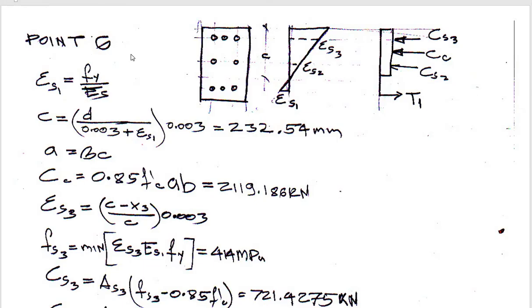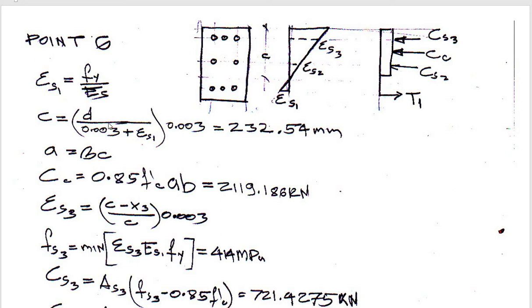For point 6, this time, ang gagamitin natin na strain kay AS1 would be your yield strain. Okay, so that is Fy all over ES. Notice na madali nang masolve ngayon si small c or the location of your neutral axis. So from this equation, this is taken from, again, from similar triangles.